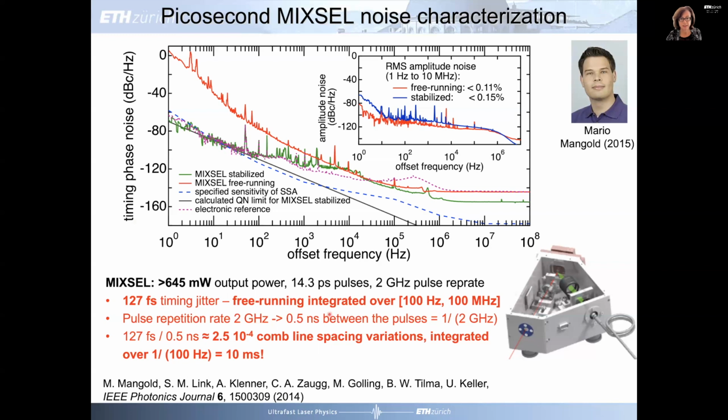In timing, this is basically 0.5 nanosecond between the pulses. So this 127 femtosecond fluctuation in the arrival time of the pulses translates into a comb line variation of 10 to the minus 4, integrated if you do a measurement over 10 milliseconds, 1 over the 100 hertz. This is such a small fluctuation of the comb lines that for most applications it is sufficiently stable, and that's why you can do all these things free running.